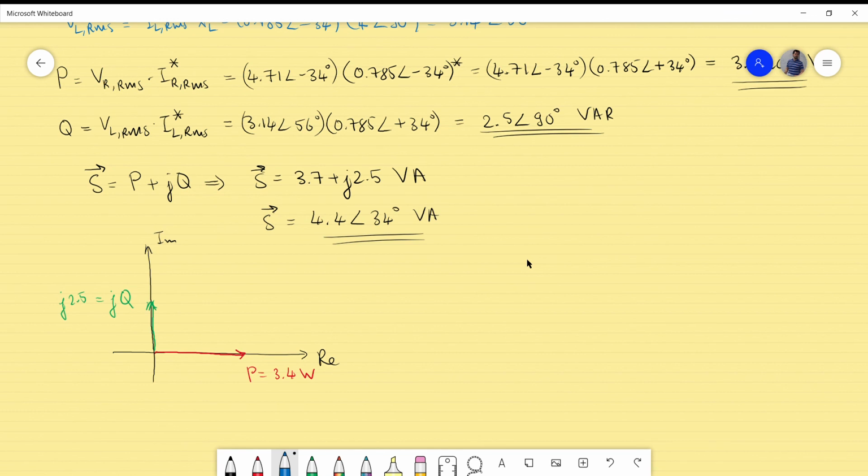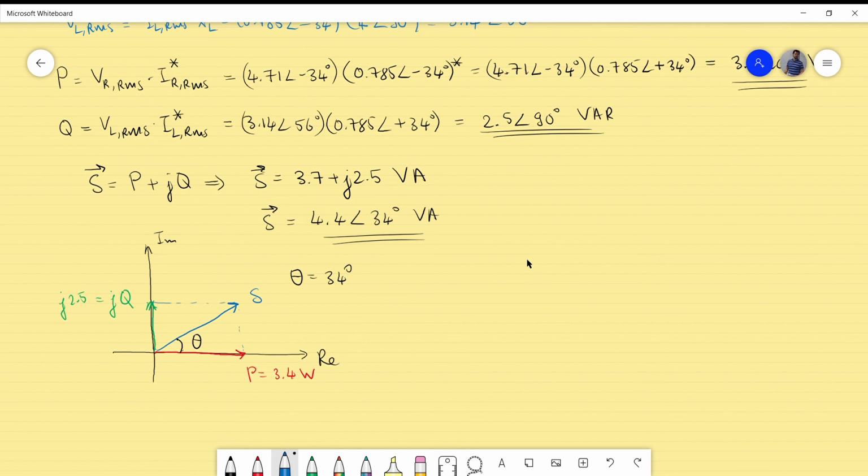And I have the vectorial sum of both of those two arrows will bring us to the value of S, and this is the theta, which is again 34 degrees.